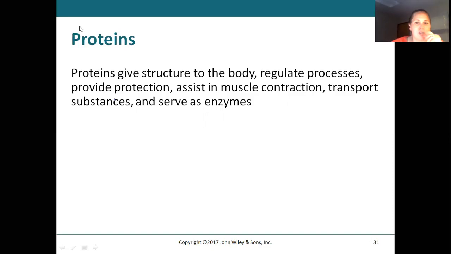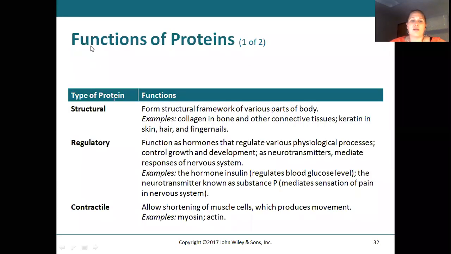So proteins give structure, regulate processes, provide protection, and assist in muscle contraction. We'll talk about that a lot. They transport substances and serve as enzymes, and we'll also talk about enzyme function within this lecture. So in terms of the function of proteins, structural.